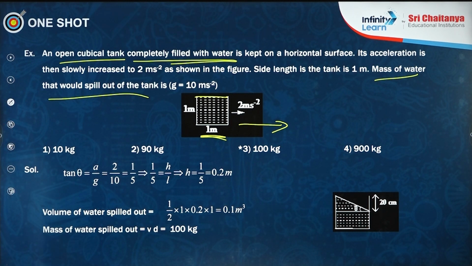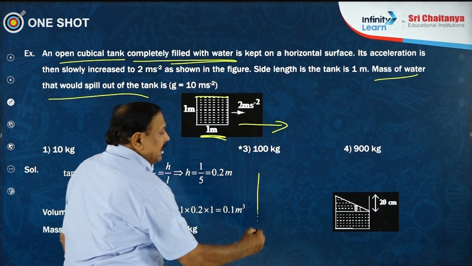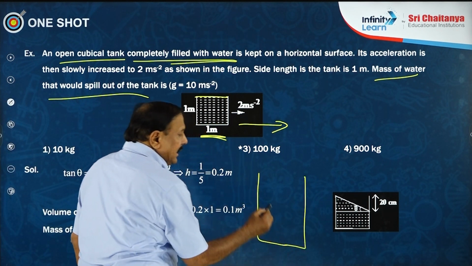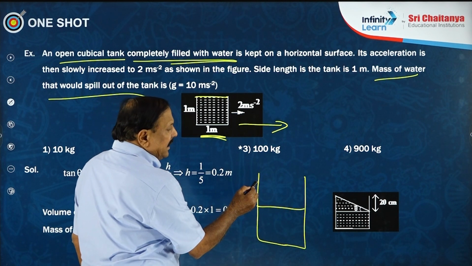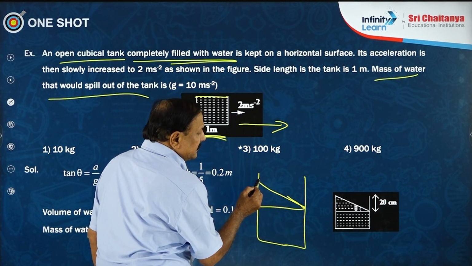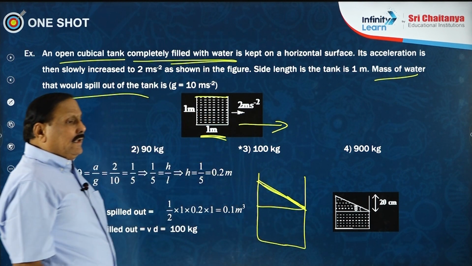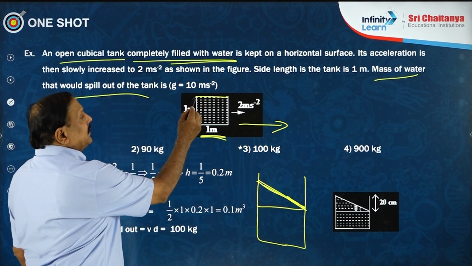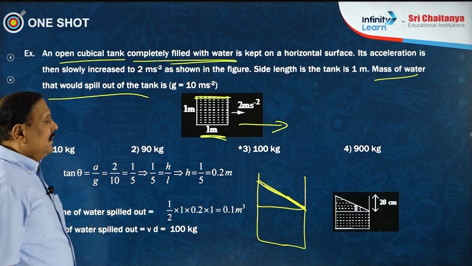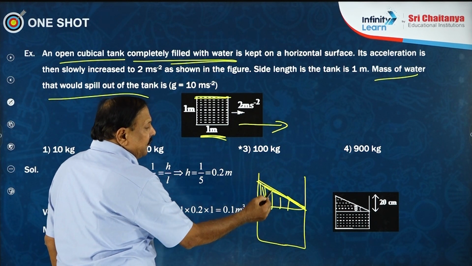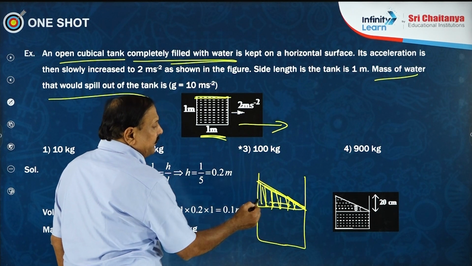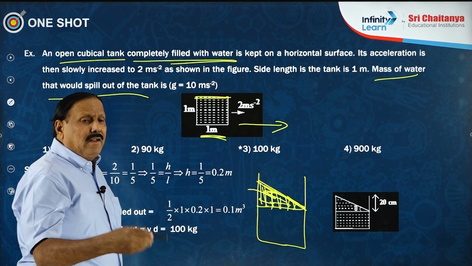Actually, if the wall length were sufficiently long, the liquid might have taken a shape like this. But here, because the liquid is filled up to the brim, whatever volume or mass of water would be formed in this region will spill out.